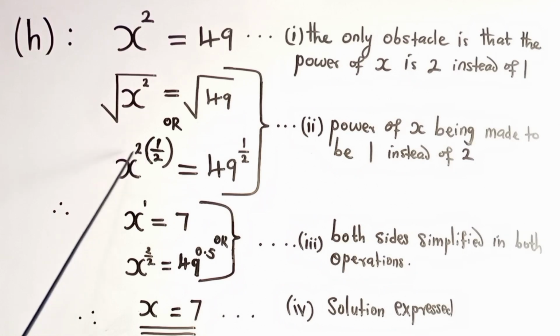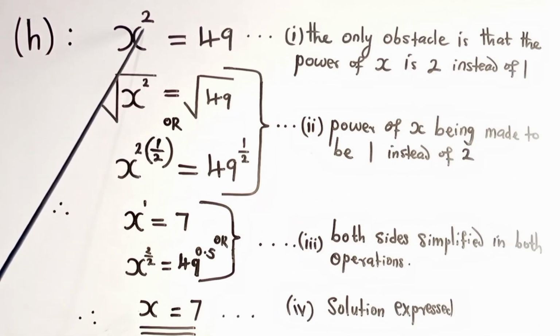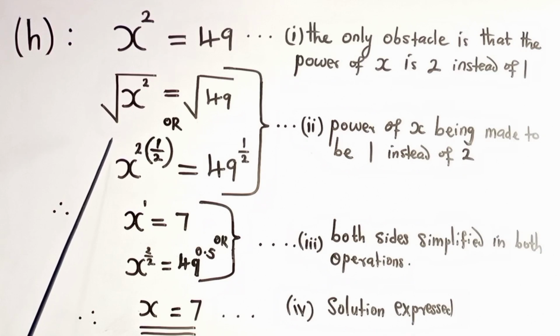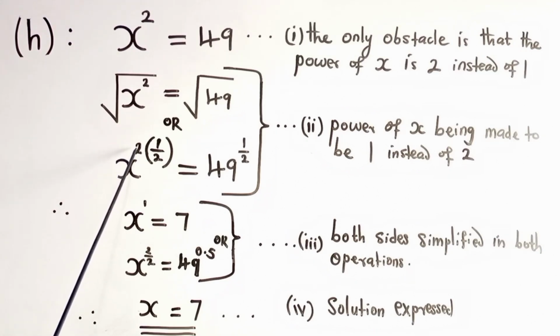So what is new in this line is that I introduced raised to the power 1 over 2. It was not in the original question, but I learned that I could as well use this method to make these two become 1. Don't forget that when a number multiplies its own multiplicative inverse, the answer is equal to 1. Is it not these two that you want to become 1?